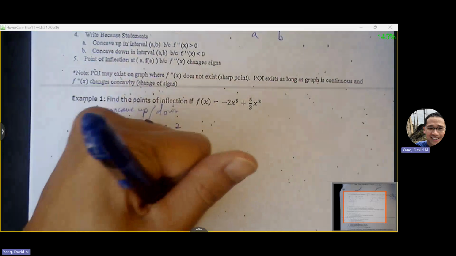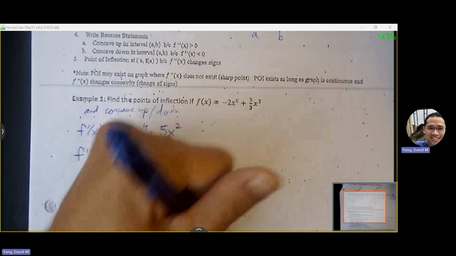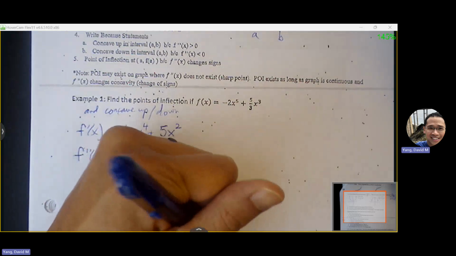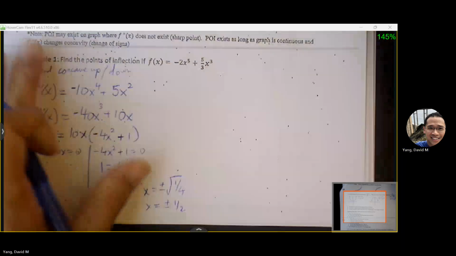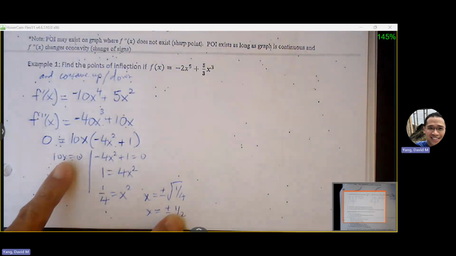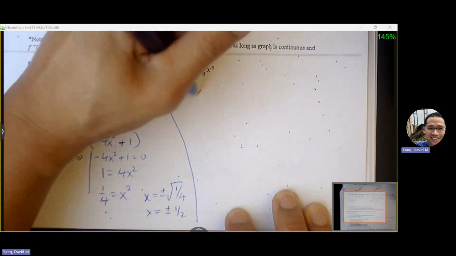If the square root, plus or minus shows up, so x equals plus or minus root 1/4, which I can clean up to be just plus or minus 1/2, right? Take the square root of 1/4, I get 1/2. Got 3 critical points, 0, 1/2, and negative 1/2. So let's create our f double prime sign line.